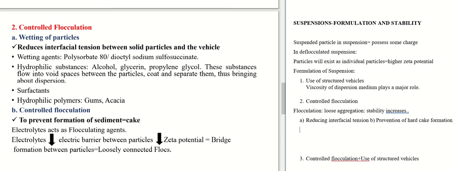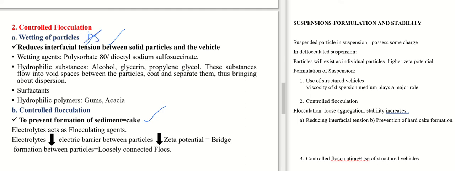Now we are discussing the second strategy by which we can improve the stability of a pharmaceutical suspension, which is the controlled flocculation strategy. This method includes two stages. The first stage is reducing the interfacial tension and preventing hard cake formation. How can we reduce the interfacial tension between the particles and the vehicle or the dispersion medium? By addition of wetting agents.